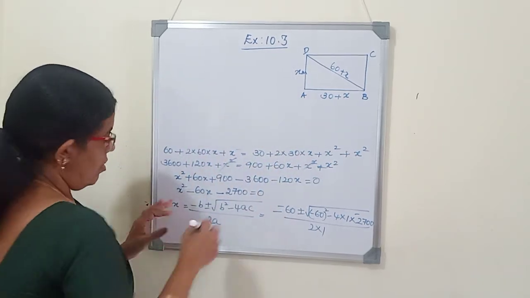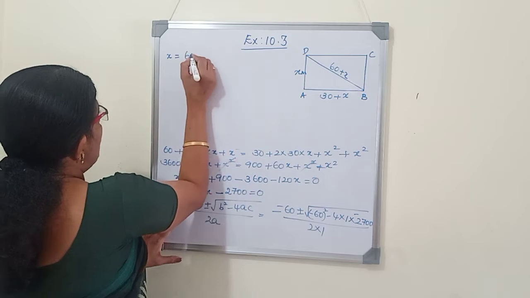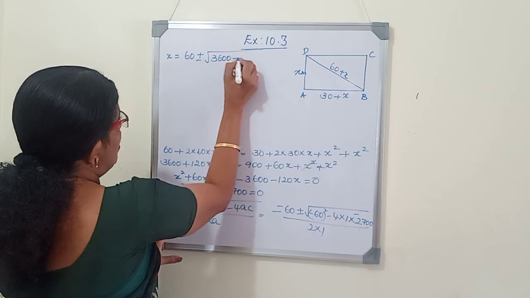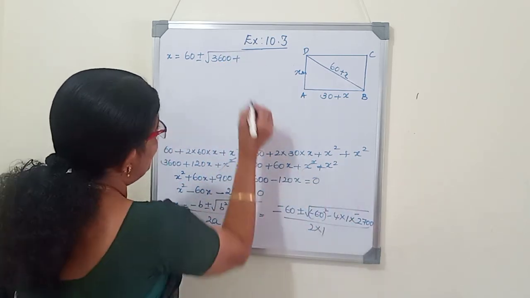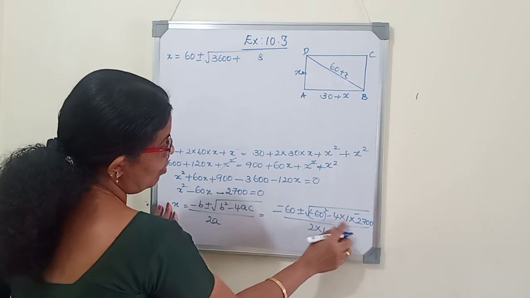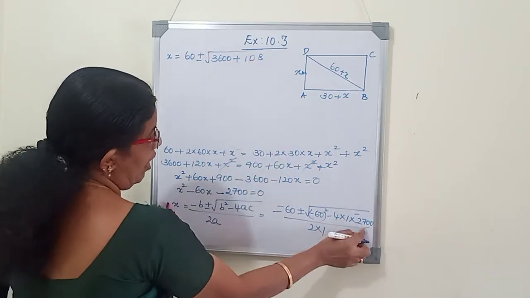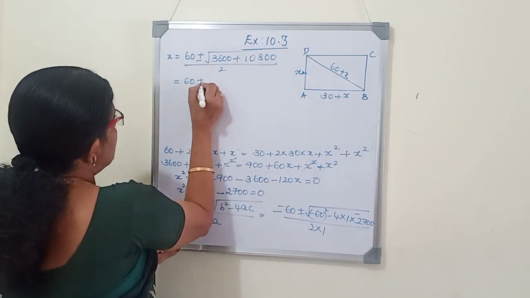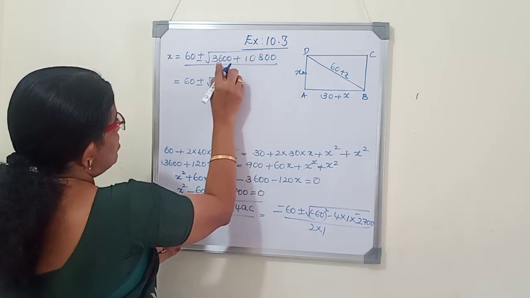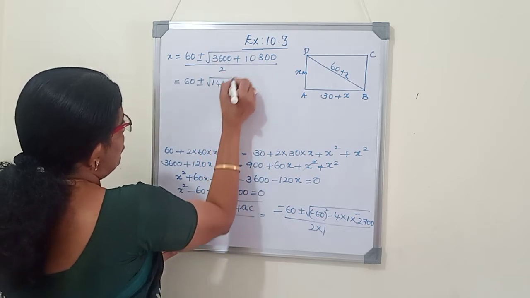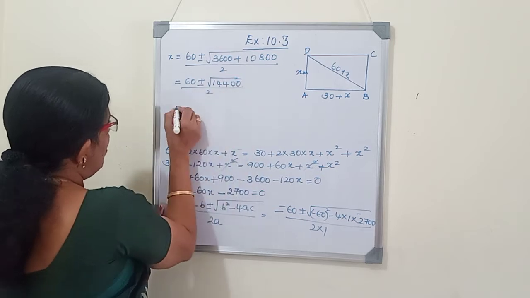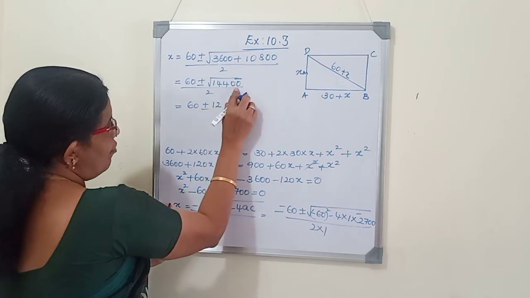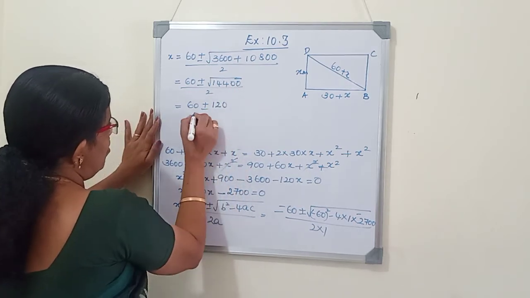Now x equals 60 plus or minus square root of 60 square is 3600 plus 27 into 4, 7 4s are 28, 2 4s are 8, 108 and 00, divided by 2. 60 plus or minus square root of 10800 plus 3600, it is 14400 by 2. 60 plus or minus, you know square root of 144 is 12, so the 00 comes out of the square root as 10, 120 by 2.